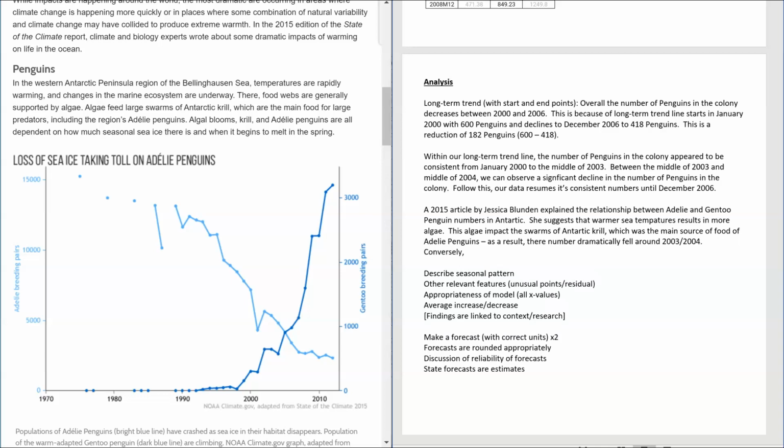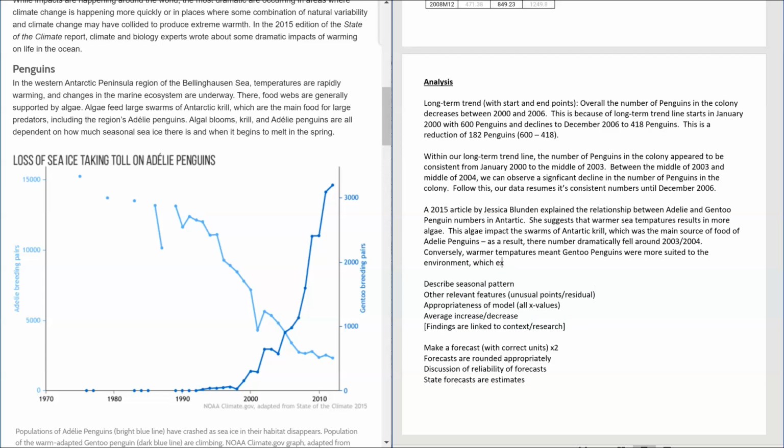Conversely, warmer temperatures meant Gentoo penguins were more suited to the environment, which explains why their numbers dramatically increased.